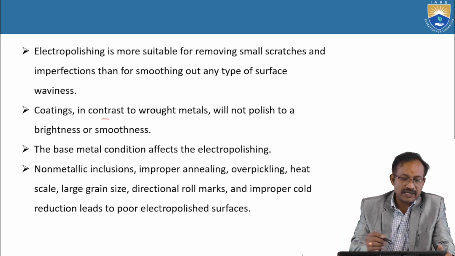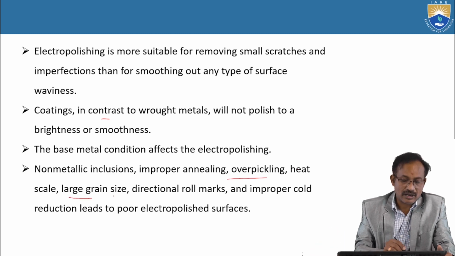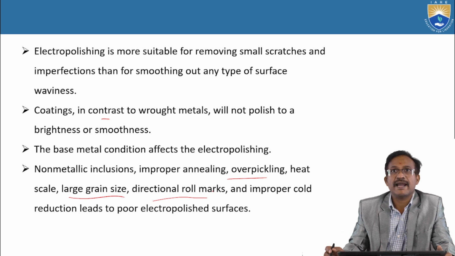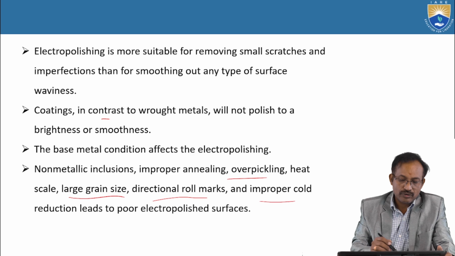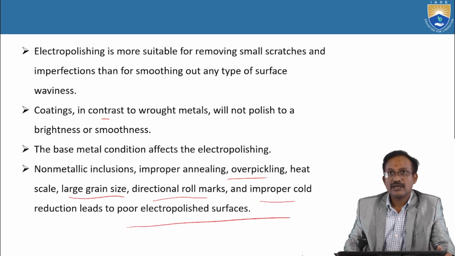Next, non-metallic inclusions, improper annealing, over pickling, heat scale, large grain size, directional roll marks, and improper cold reduction lead to poor electropolished surfaces.